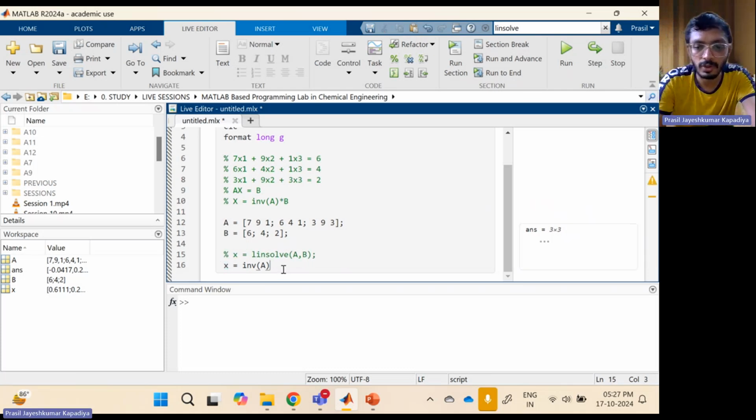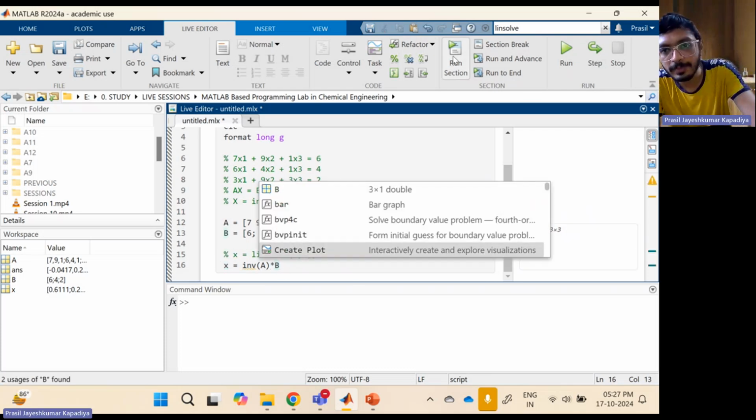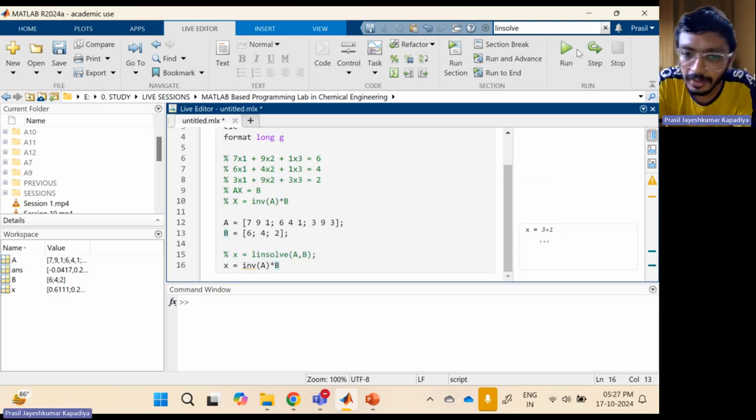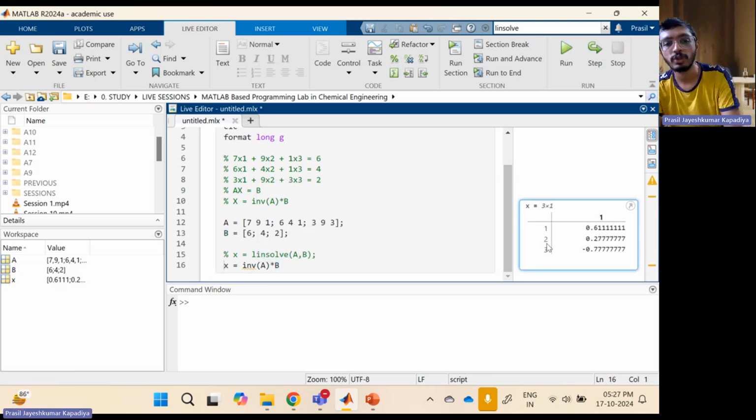If I do that, I again get the same solution.